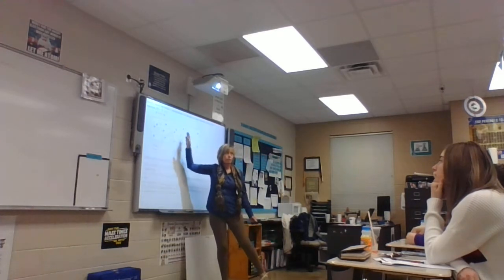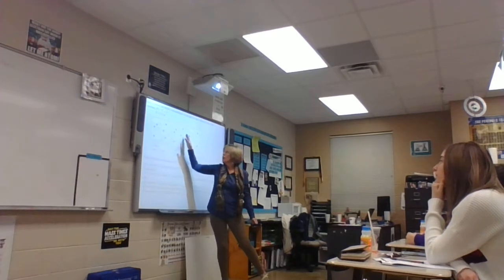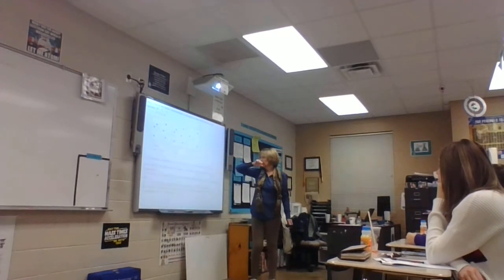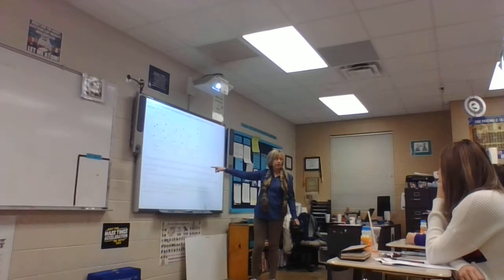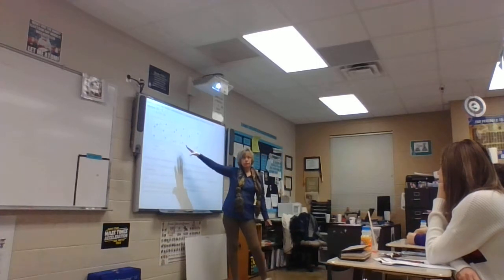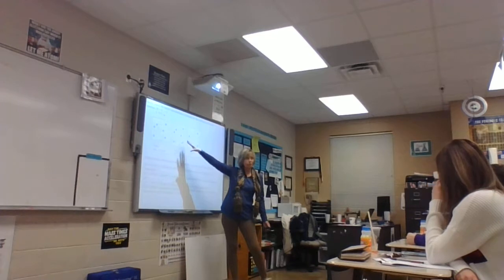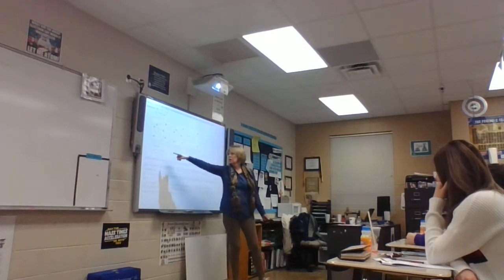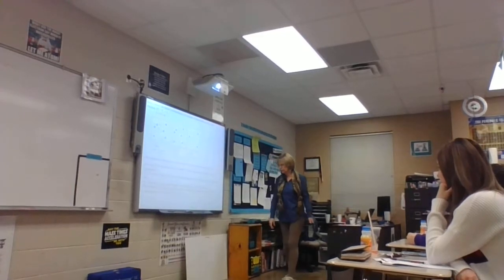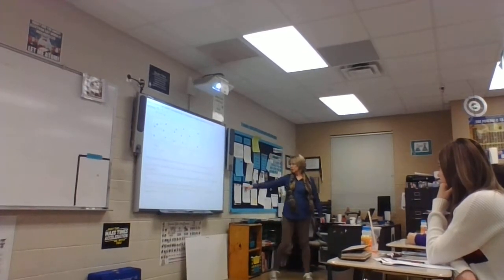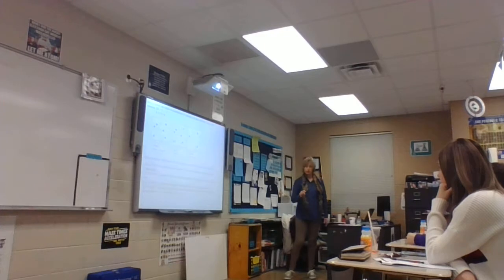Between these two, Y stayed the same. X doubled. It was first order in X. So what should the rate do? If I double the concentration of X, it was first order in X, the rate should double, so the rate should be 0.20. So C was the correct answer.